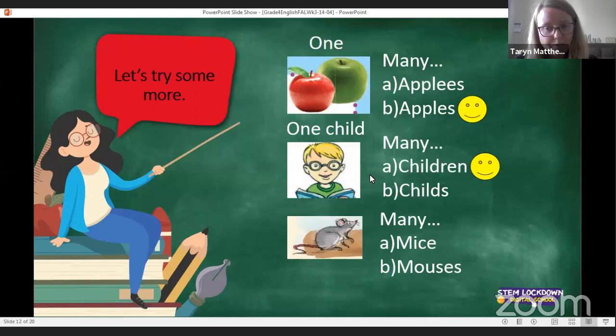So is it A or B? Good. So this one changes its spelling. It becomes mice. So I can have many mice in my house. Very good. You guys are catching on very fast today, hey? You're awake.